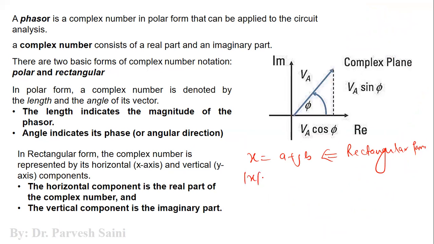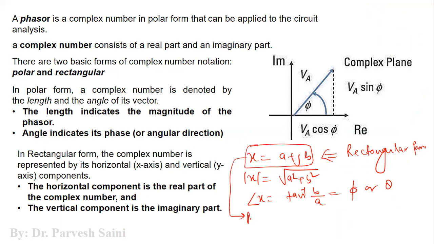The magnitude of this is the square root of a squared plus b squared, and the angle is tan inverse of the imaginary part divided by the real part, right? Let us say it is phi or theta, whatever. The polar representation of this is given by the magnitude and the angle. So this is how we represent it.